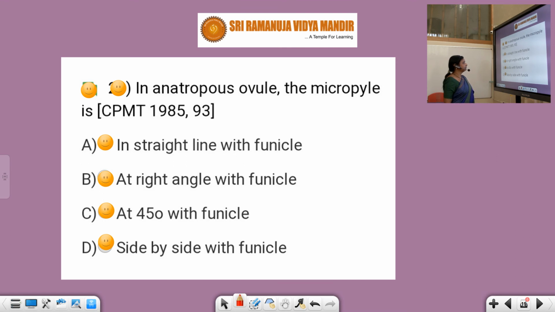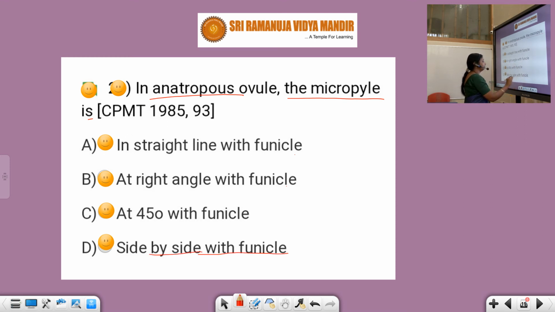Next. In an anatropous ovule, the micropyle is in a straight line with the funicle, at a right angle with the funicle, at a 45-degree angle with the funicle, or side by side with the funicle. In anatropous we have just seen it is the inverted type.